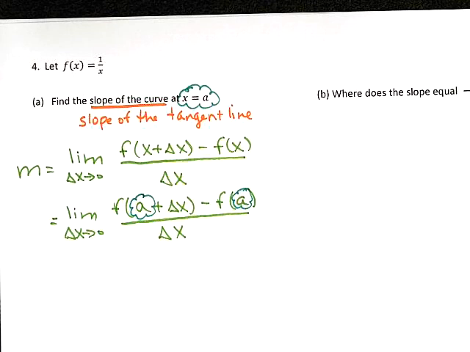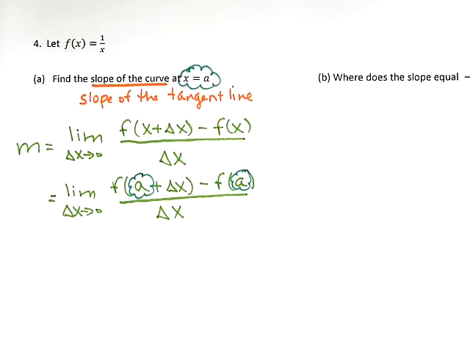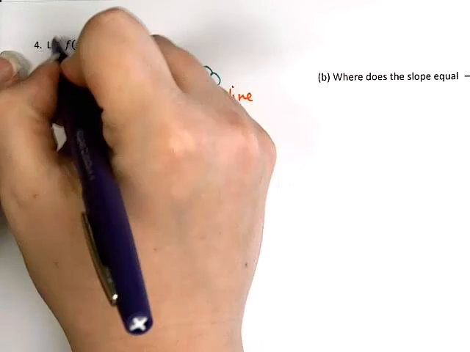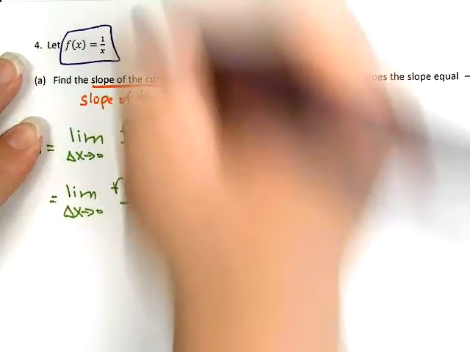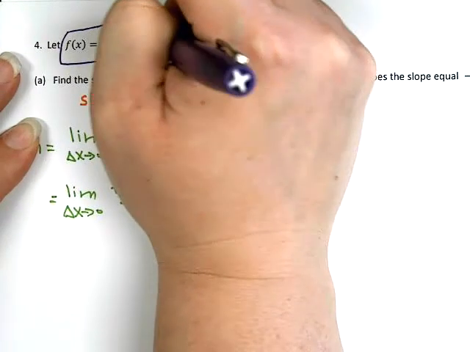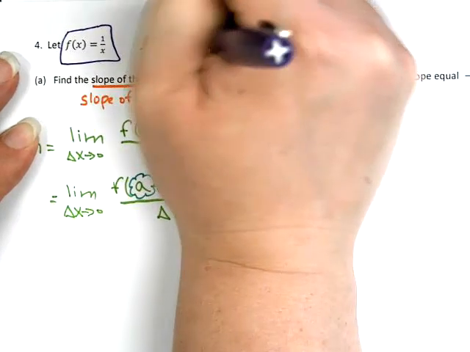All right. Then we need to look at this function, right? So go back up at the top and look. f of x equals 1 over x. Which means if I want to plug in a, that means I want f of a. It's just 1 over a.